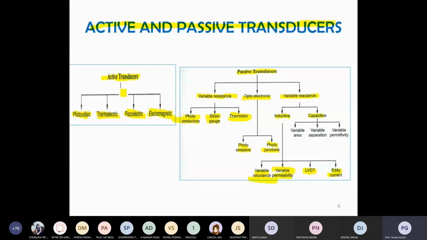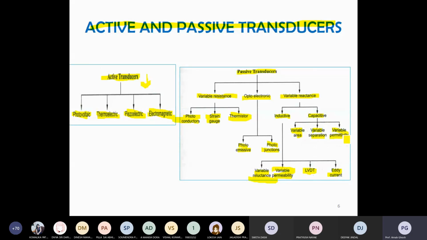In active transducer, you require some additional EMF source, but in passive transducer there is no need of any additional source. In capacitive type you can see variable area, then variable separation, meaning you know the expression of the capacitor, epsilon L by D. If you know the expressions, you can vary individual parameters, so the capacitive transducer's property also changes.